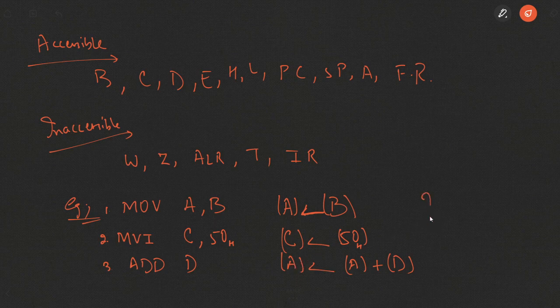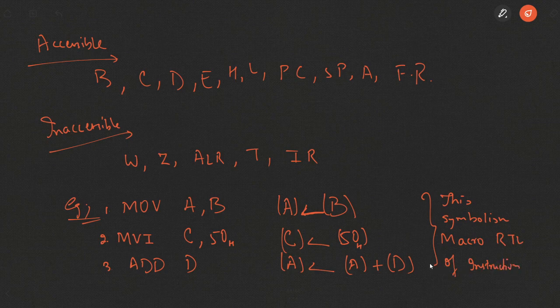The symbolism we use to show these operations, B is stored in A, 50H is stored in C, A plus D is carried out and stored in A, is known as the macro RTL of instructions.